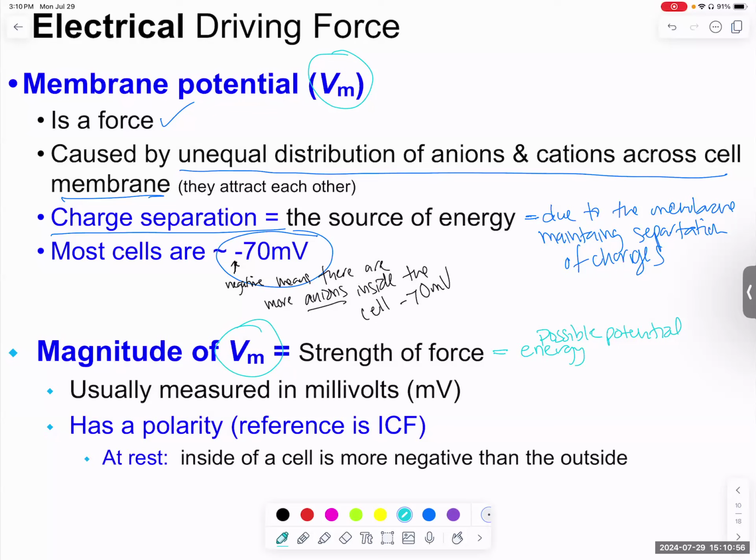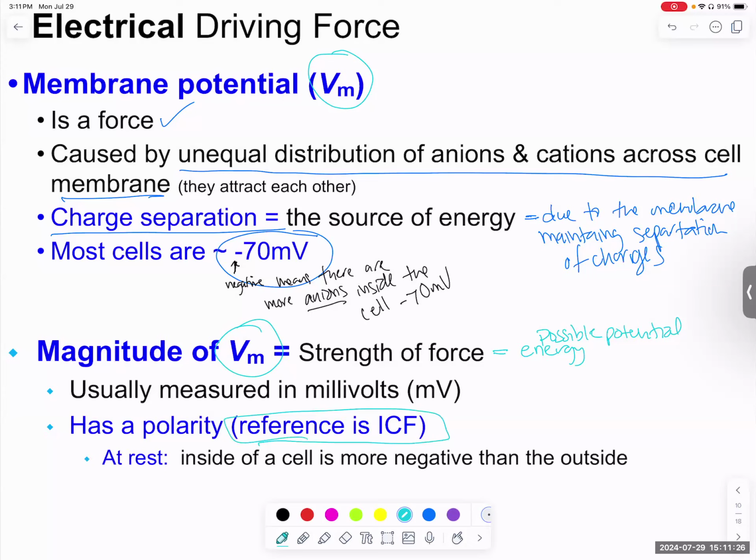So you can form more ATP. The bigger the concentration gradient, the more potential energy, the more you can do with that energy. The bigger the magnitude of difference between anions and cations across the cell membrane, the bigger the magnitude of voltage. And so the bigger the difference across that cell membrane is going to mean how much voltage that cell can potentially have.